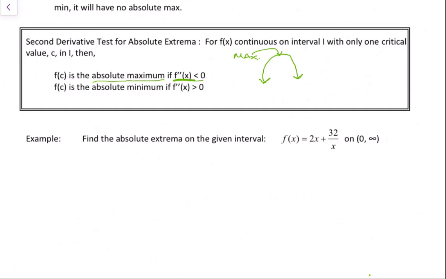Whereas if I have a second derivative that is positive, and I draw a parabola that's concave up, then it naturally forms an absolute min. So knowing whether my second derivative is positive or negative will indicate whether that one critical value was an absolute max or an absolute min.